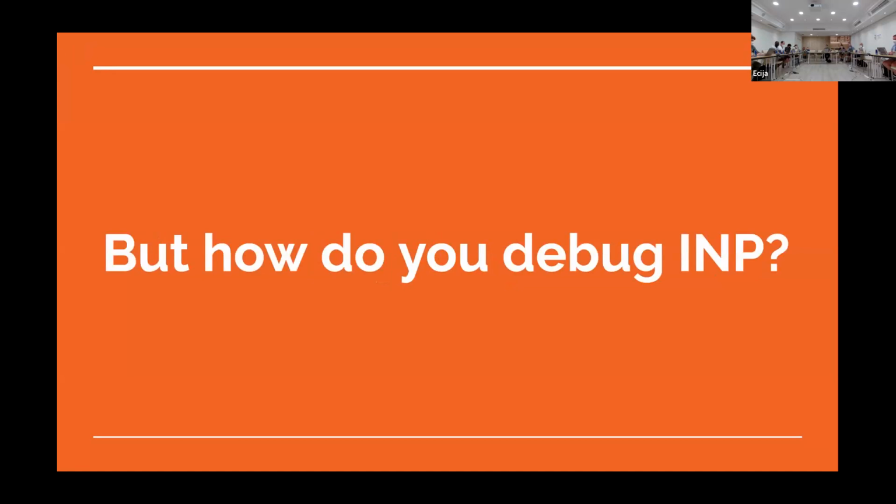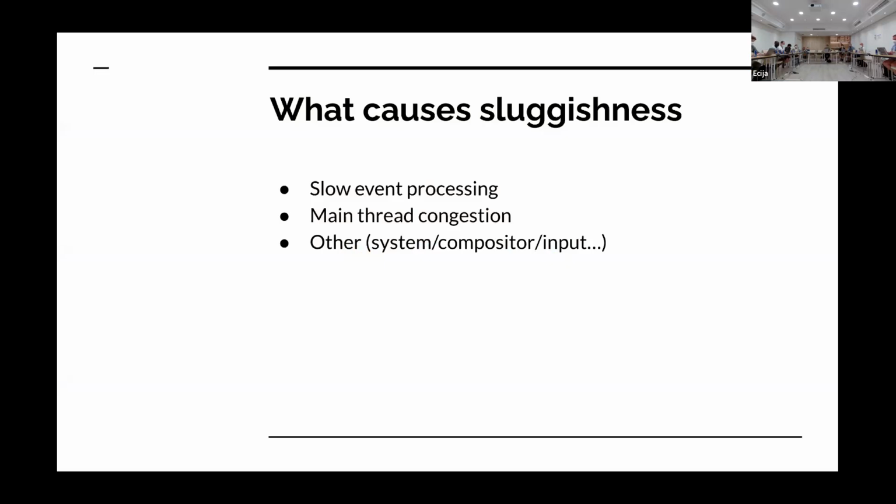Okay, but this is a regression metric. It tells you how well you're doing, but what caused the INP? How do you find out how to improve it? How does it become actionable? So let's look from our many accumulated hours, years of tracing, at what causes sluggishness.